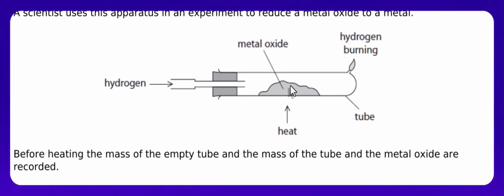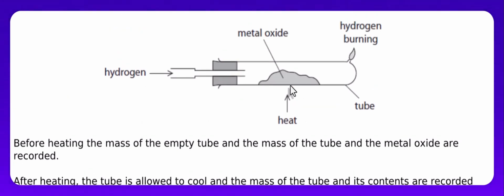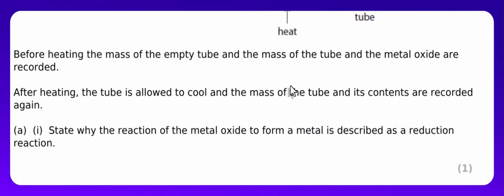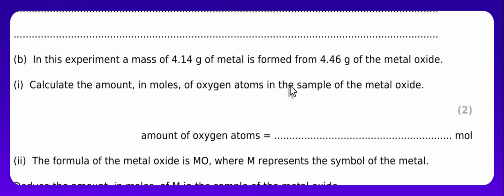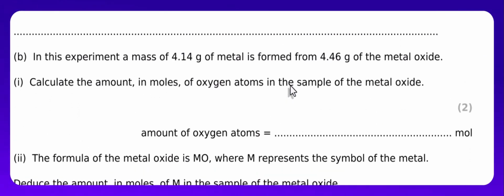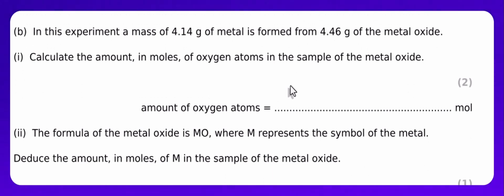The mass will not change. So that is why you need to reheat, and keep on weighing until the mass becomes constant or remains unchanged. So now we can go down to our rest of our answers, to our questions. Good. The second part.